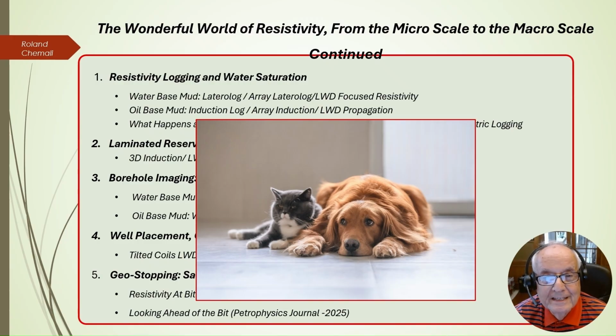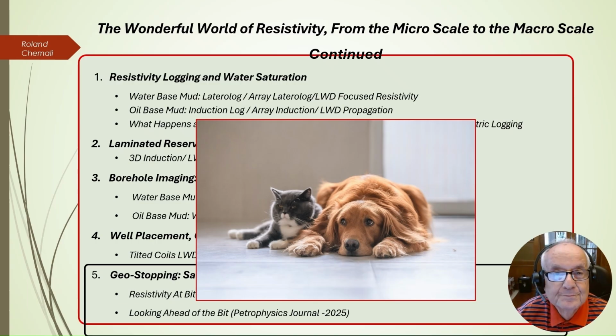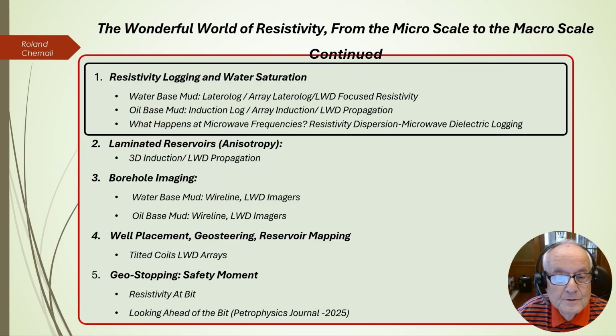We are resting, and now we're going to pursue how we measure resistivity in order to get water saturation for the petrophysicist. So let's get back to work. For resistivity logging by itself, there are many ways.